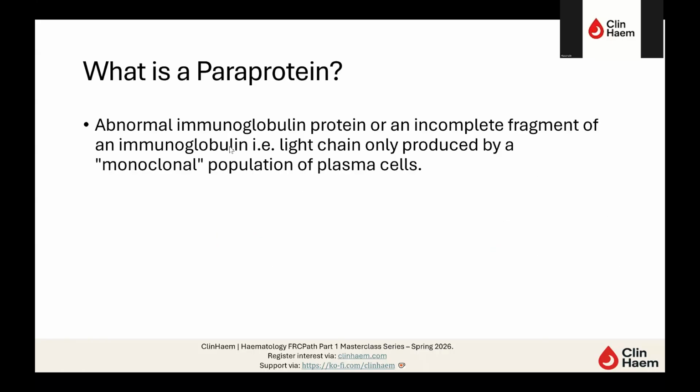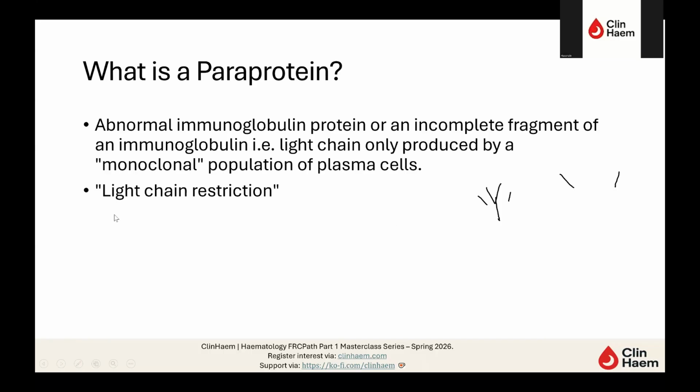So a paraprotein is an abnormal immunoglobulin protein or an incomplete fragment. It can be a full immunoglobulin, but a plasma cell can be so dysfunctional that instead of producing a full immunoglobulin, it's just producing light chains, for example. So it can be full protein or light chains only, and they are light chain restricted.